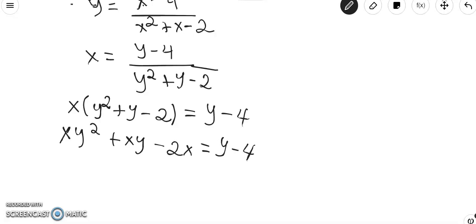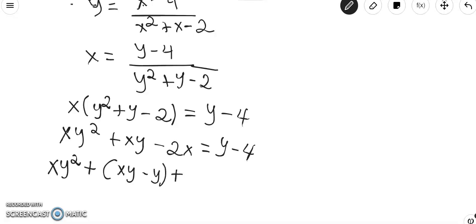So, lahat ng may variable na y squared, pagsasama-samahin natin. So, nag-iisa lang ng xy squared. So, kokopyahin lang natin xy squared. So, lahat ng may variable na y, pagsasama-samahin, so, magiging xy. So, ililipat natin ang y sa left side. So, magiging minus y, mag-iiba ang sign.